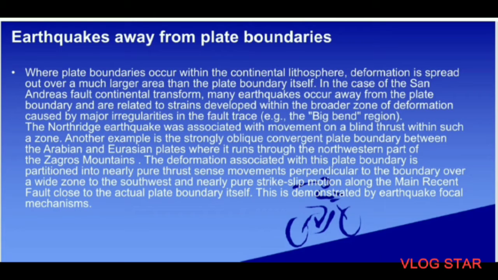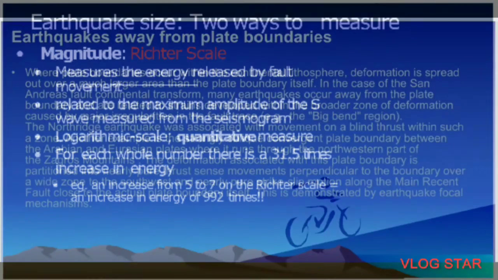The deformation associated with this plate boundary is partitioned into nearly pure thrust movements perpendicular to the boundary over a wide zone to the southwest, and nearly pure strike slip motion along the main recent fault close to the actual plate boundary itself. It is demonstrated by earthquake focal mechanisms.